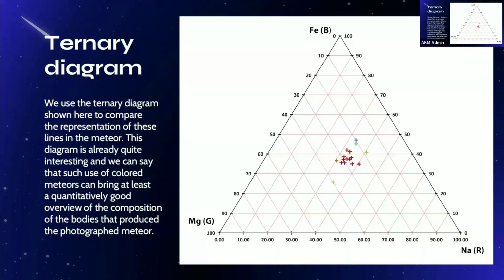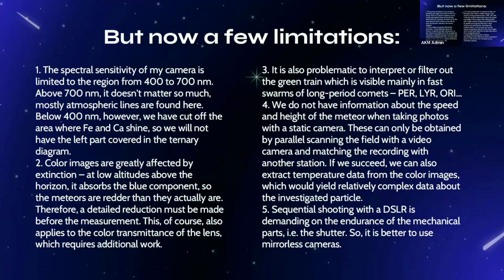Color images are greatly affected by extinction. At low altitudes above the horizon, it absorbs the blue component, so the meteors are redder than they actually are. Therefore, a detailed reduction must be made before the measurements. This also applies to the color transmission of the lens we used, which needs to be measured as well.